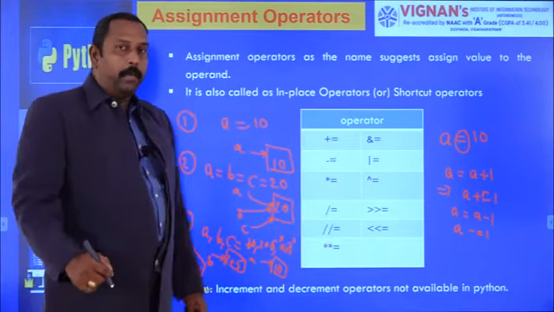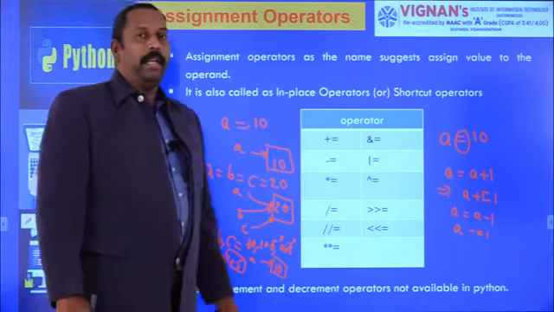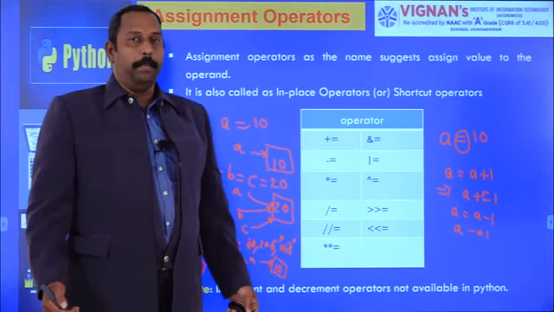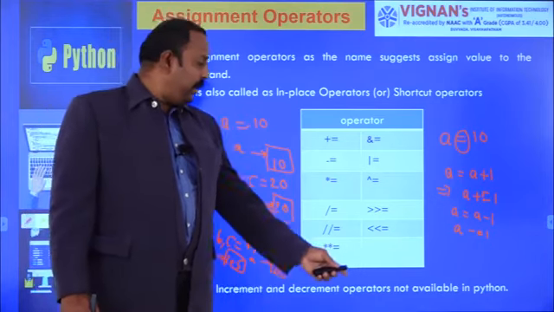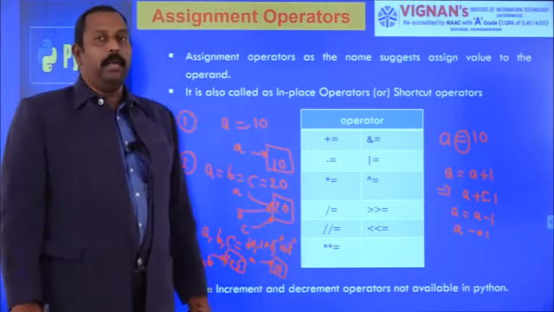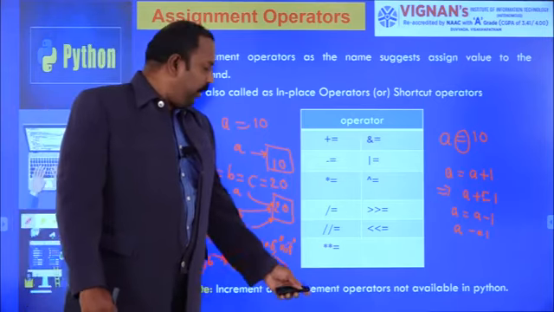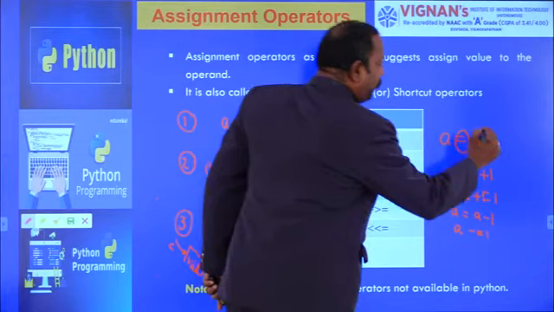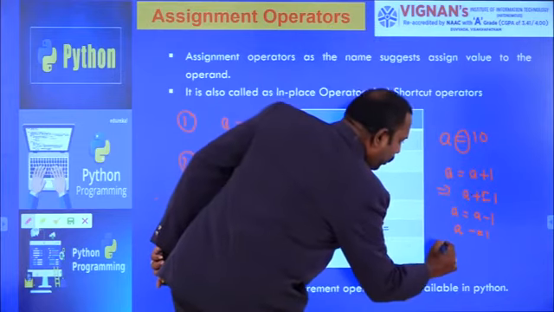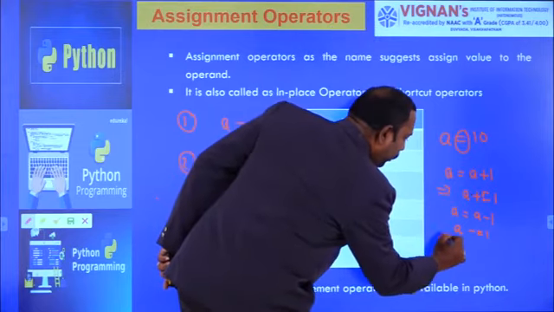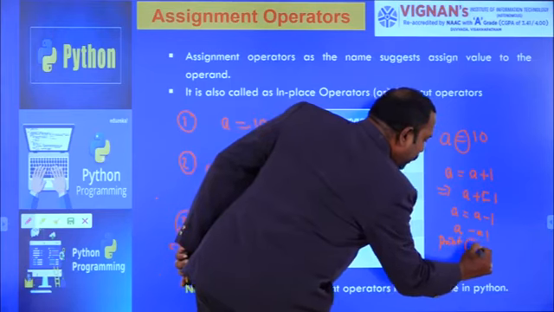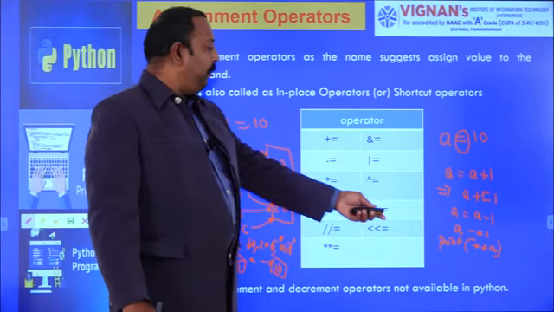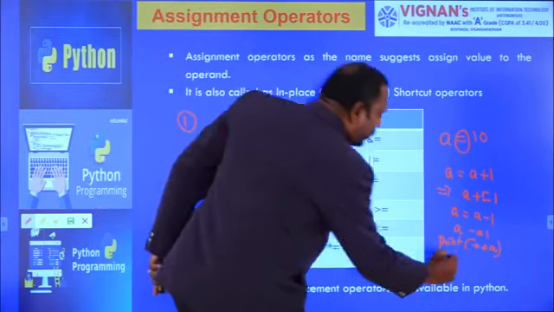Another important point here is that increment and decrement operators are not available in Python. In C language, increment and decrement operators are available, but in Python there are none. Suppose I have written print plus plus a, then it will be considered as plus a only.